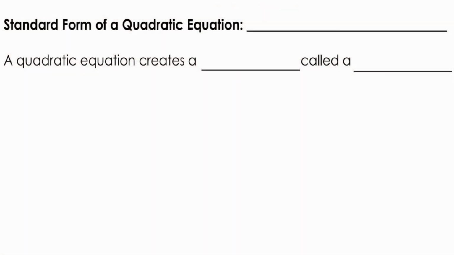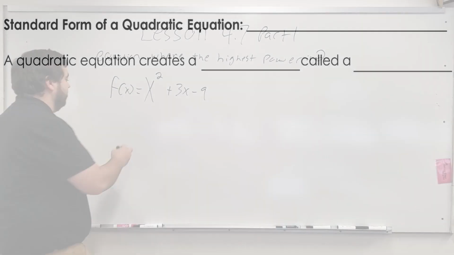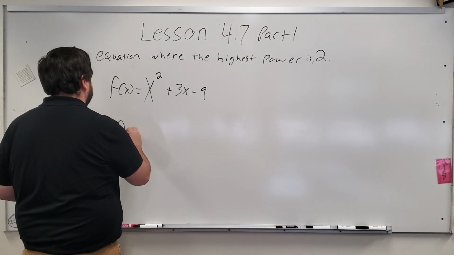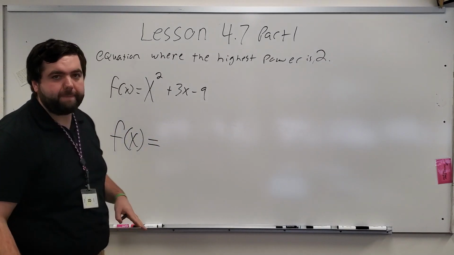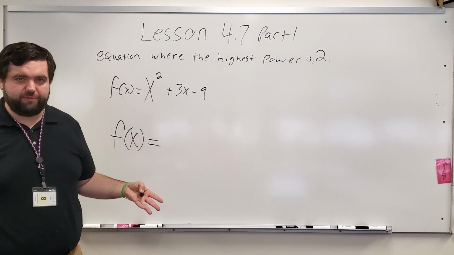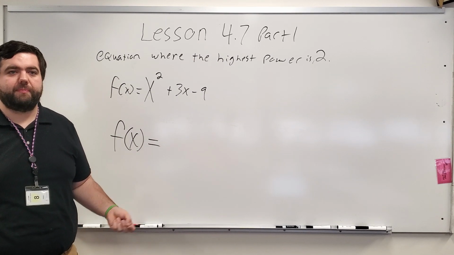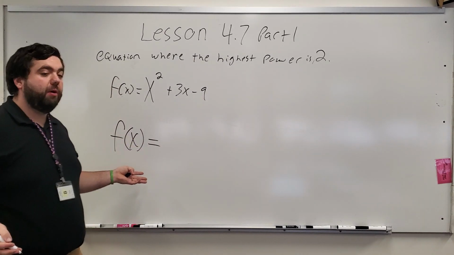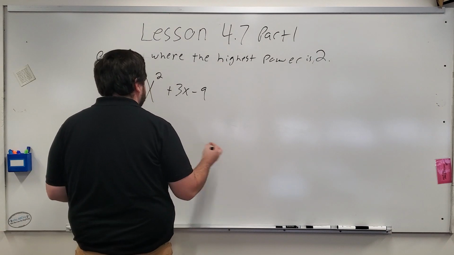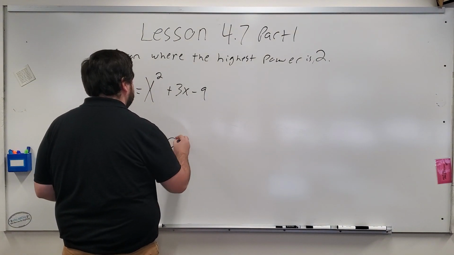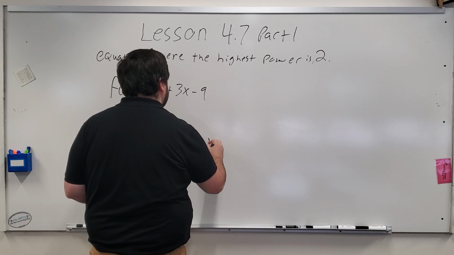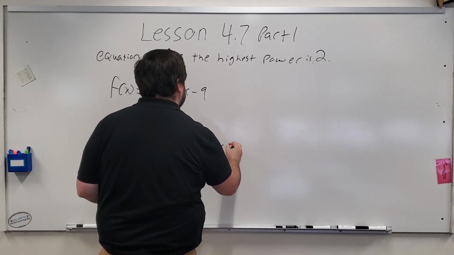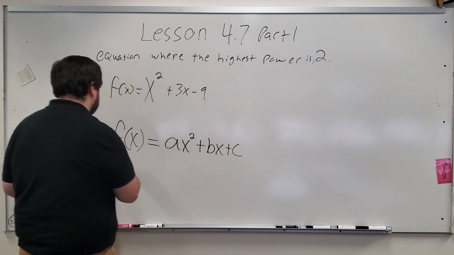In a quadratic, the standard form is going to look like f of x is equal to, I want you to pause and see if you can figure this out for yourself. So hopefully you paused, you took a guess, and if you're lucky, maybe you guessed something like ax squared plus bx plus c.